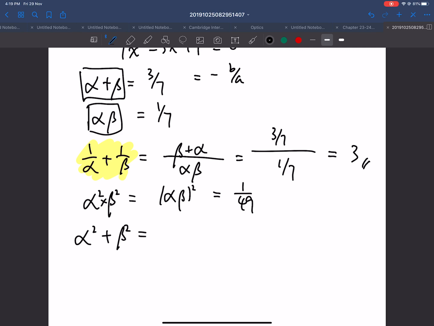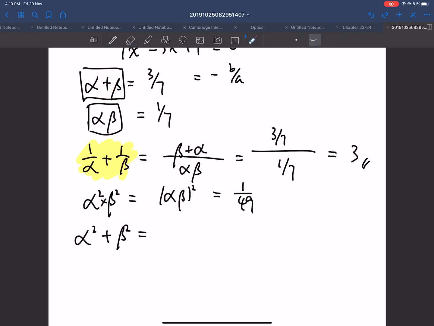Now alpha squared plus beta squared does not look like either of them. You can't write it directly. Do you have some idea to write alpha squared plus beta squared in terms of alpha plus beta and alpha beta? Just see, there is a plus sign here.